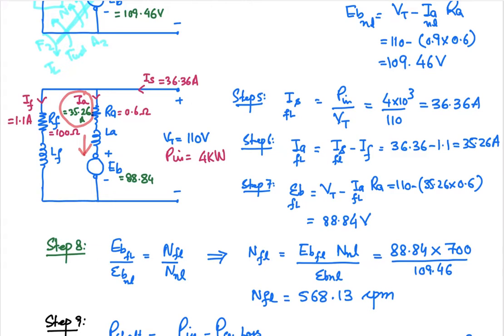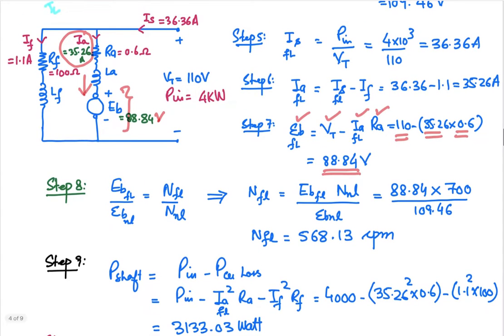Okay, now what will be the new back EMF? We can determine that again by writing the motor voltage equation, that back EMF is equal to terminal voltage minus Ia Ra. So everything is known: armature current, armature resistance, terminal voltage. So the new back EMF is 88.84 volt, right? As I explained in the last example as well, the back EMF is going to adjust itself to a new value, so that your machine is going to run the new load and operate at the new speed.